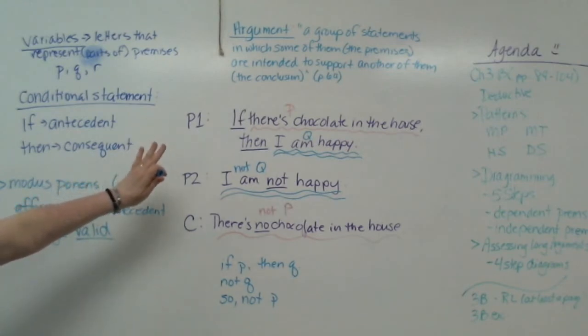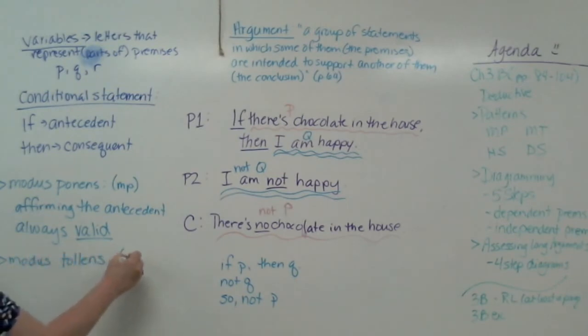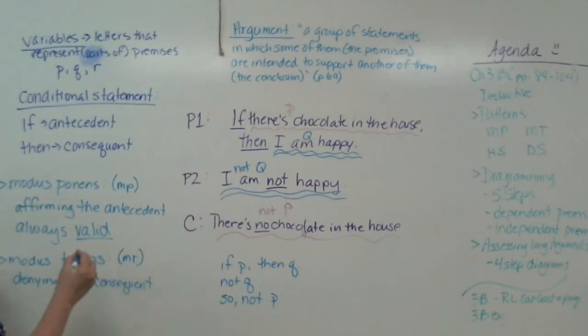If P, then Q. Not Q, therefore not P. In this one, I should have done that with a different color, but I think you're okay with that. This one is called modus tollens. And again, he says, nice little Latin, don't worry about it, and then uses it all the time. This is denying the consequent. It's also always valid.